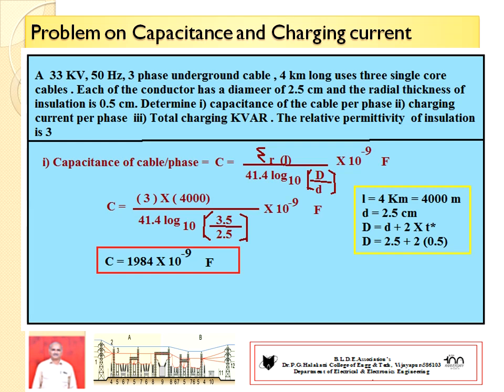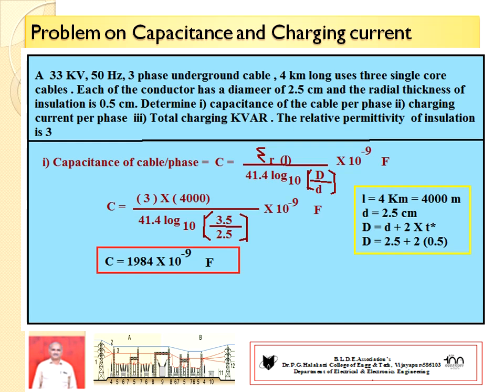Therefore diameter of sheath capital D equal to diameter of conductor plus 2 times of thickness. So it becomes 2.5 plus 2 into 0.5, that is diameter of sheath from given data. Once you are knowing the capital D, small d, L, then go for calculation of capacitance, sir.